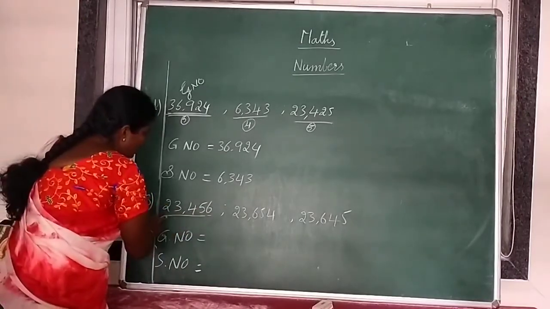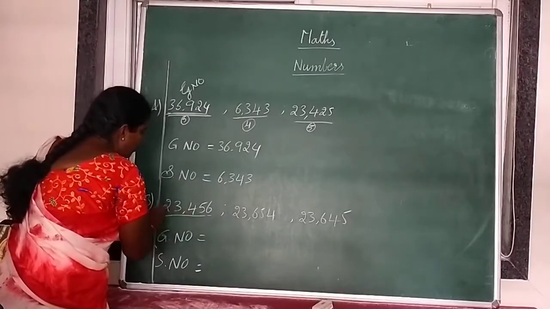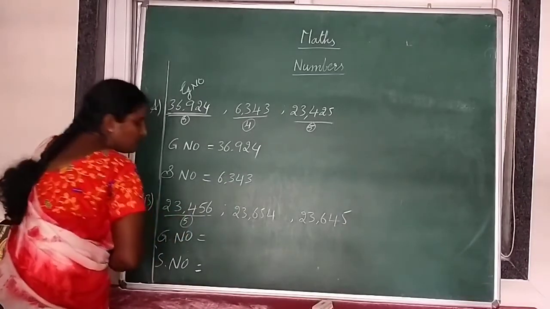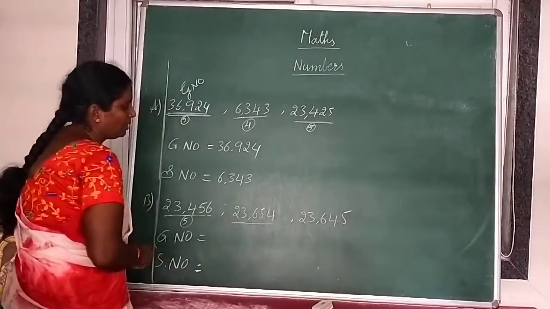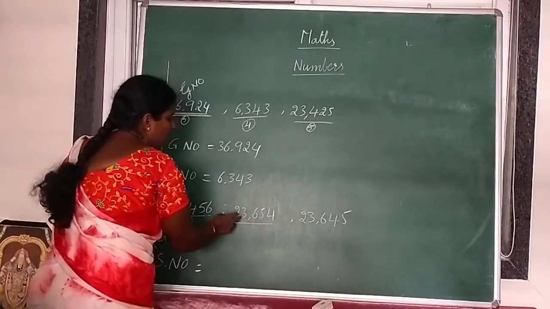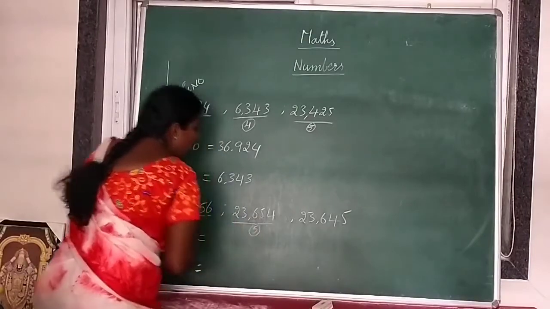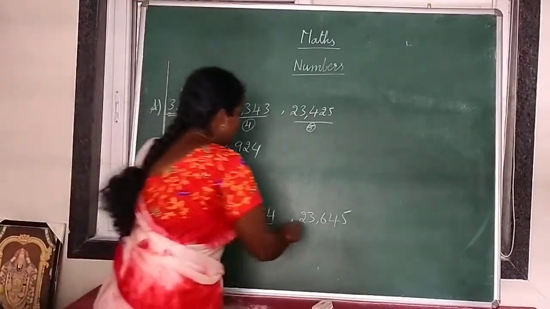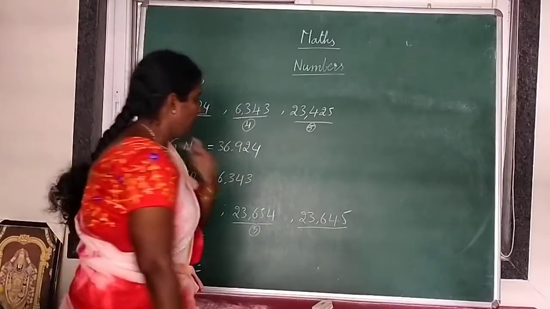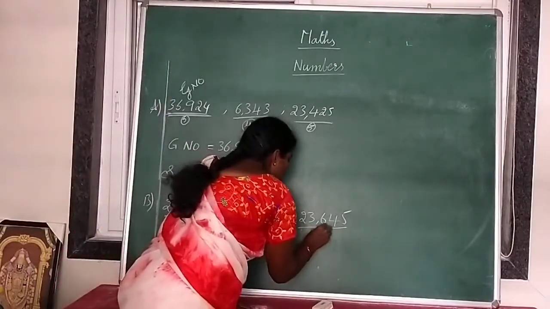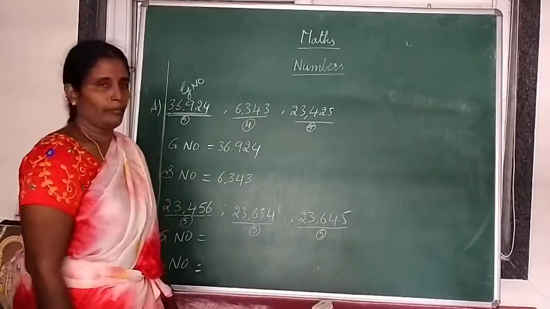How many digit number is it? 1, 2, 3, 4, 5 digits. 5 digits are there. And in the second number, how many digits are there? 1, 2, 3, 4, 5 digits. It is also a 5 digit number. And next here, how many digits are there? 5 digits. So this is also a 5 digit number.